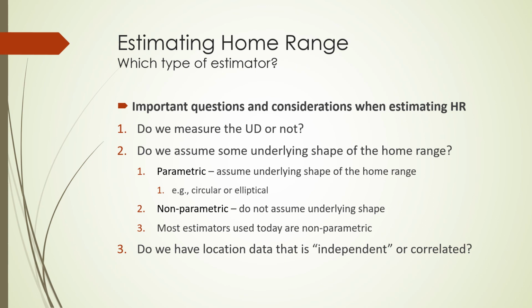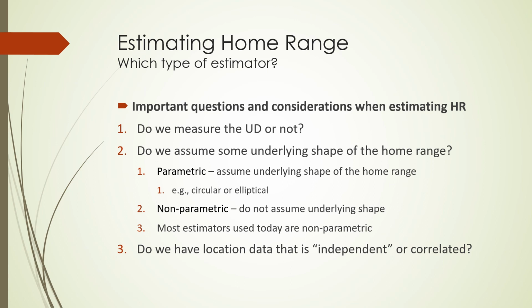There are three important questions that you need to consider when choosing an estimator to use for a particular data set. First is, do we want to know the utilization distribution or not? In most cases these days, that is an important consideration. In other words, the intensity of use across the home range. Secondly, are we going to assume some underlying shape of the home range?